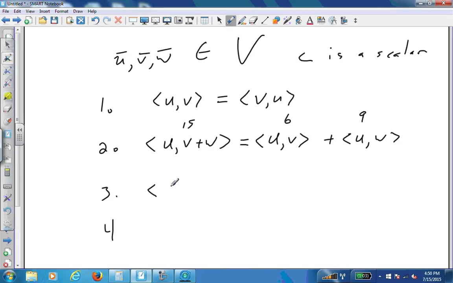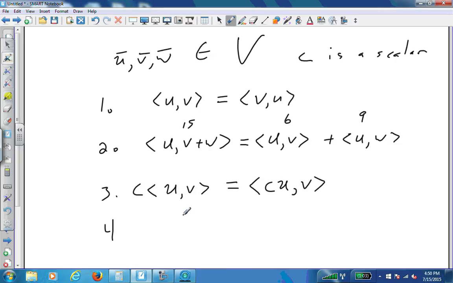The third property: if we have a scalar multiplied times our inner product, that must be equivalent to multiplying that scalar times one of our vectors and then doing our inner product.